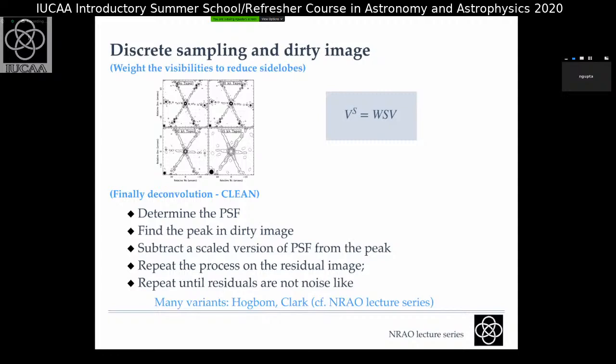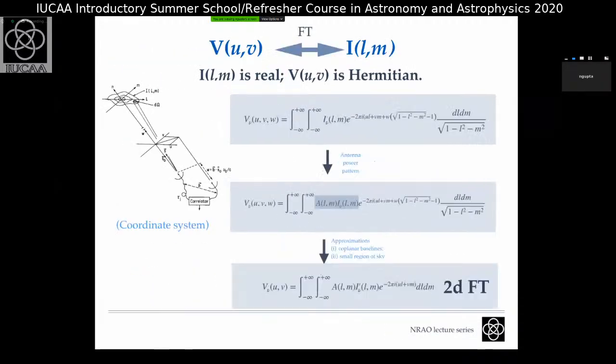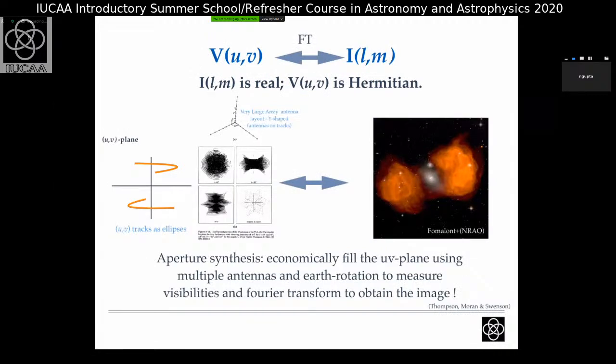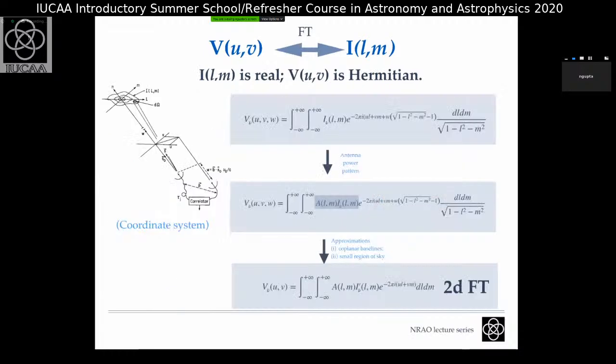Why am I getting these big side lobes? Because my visibility distribution has large holes, and it also ends abruptly at the outer edges, right? Because at some point my antennas don't have any more baselines, so my visibility distribution ends. If you look here, there is a region outside which there are no measurements at all, right?